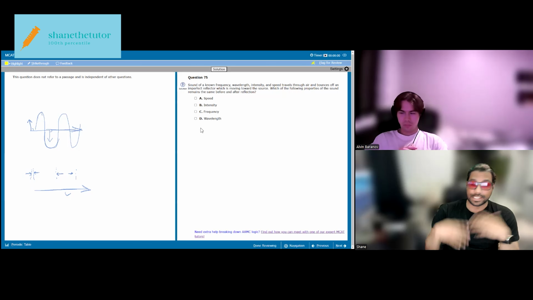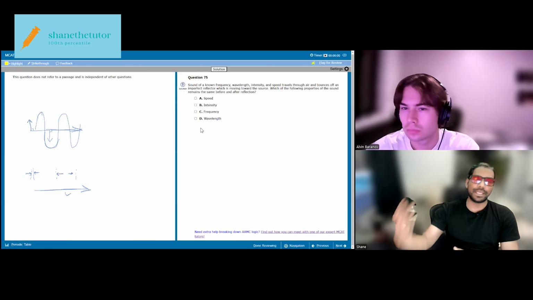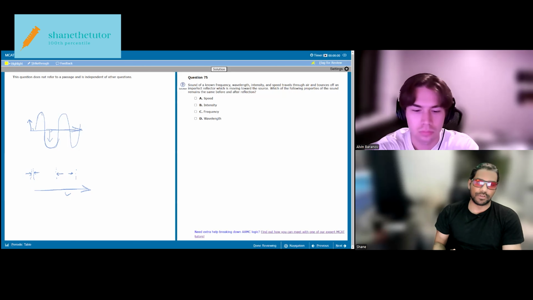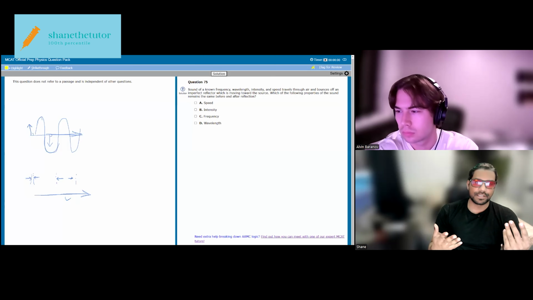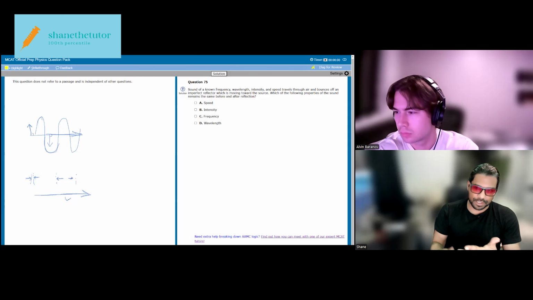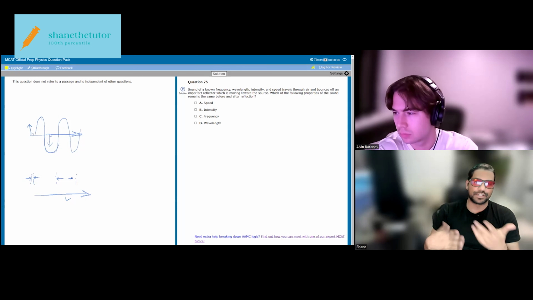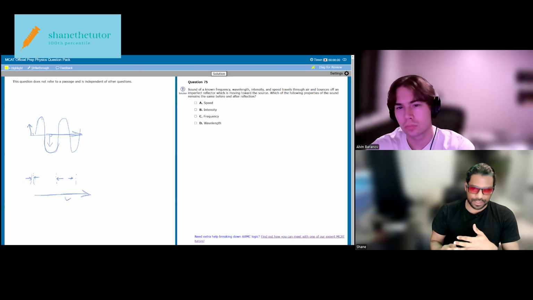Whereas sound, since sound requires a medium, the denser that medium is, the faster that sound will travel. So that's why sound will travel faster through solids compared to liquids and faster through liquids compared to gases, right? So that's another thing.